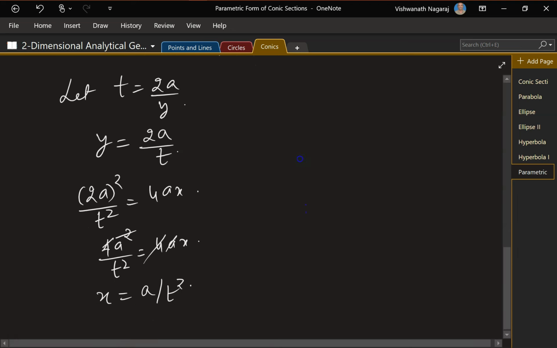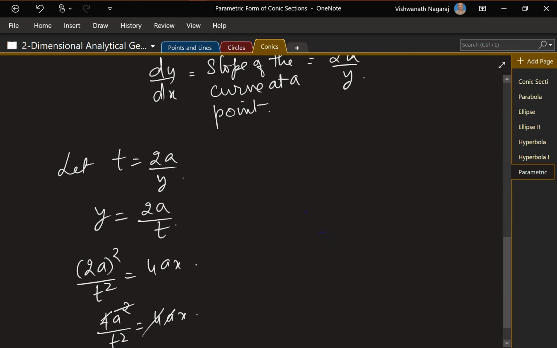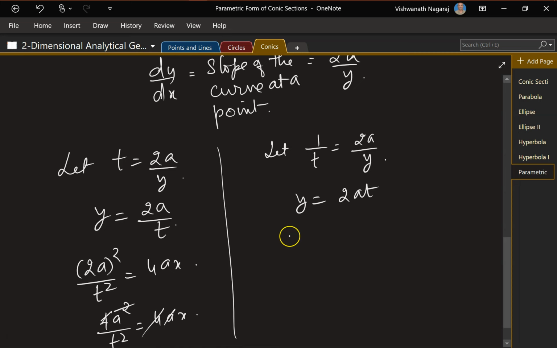So to make it much simpler, let's say 1 by t is equal to 2a by y. So now y becomes equal to 2at. Now let's substitute this in y square is equal to 4ax. So 2at square is equal to 4ax. 4a square t square is equal to 4ax.